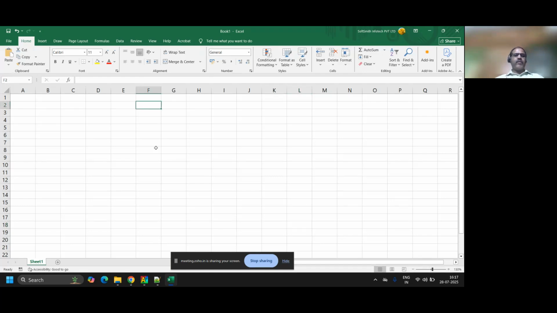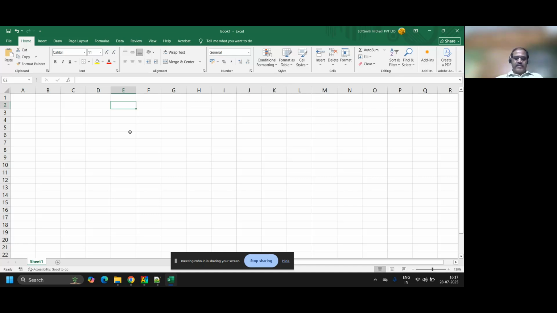Okay. Now what I'm going to do is I'm going to have some numbers. I'm going to fill some numbers over here. To fill this number, I want to fill it something like between 10 and 50. Anybody knows how to fill a set of cells in Excel to have numbers between 10 and 50?